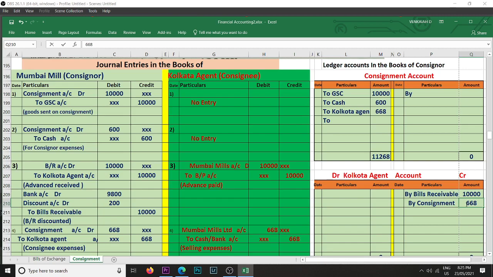Okay. Now we have to close the consignee account, Kolkata agent account. It is 14,000. This also we have to total. 1,100 plus 668 is 632, and 12,263.